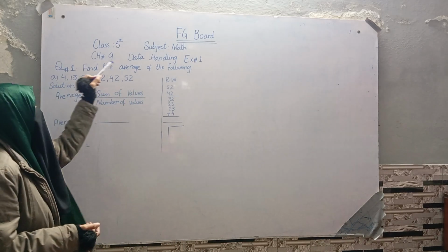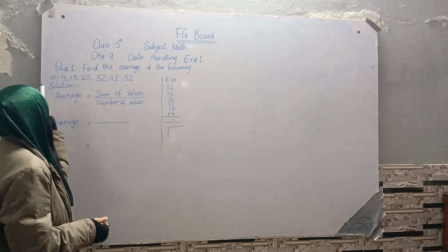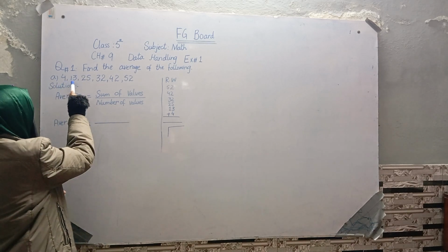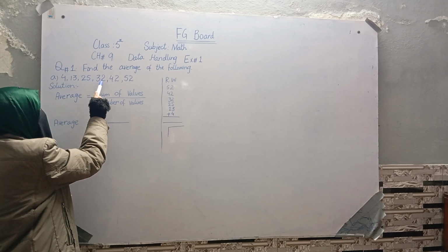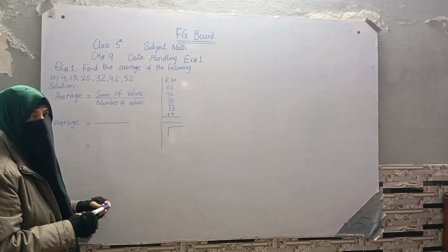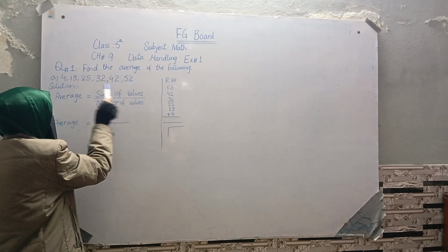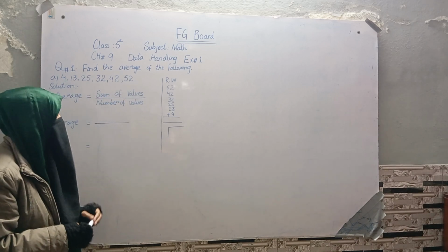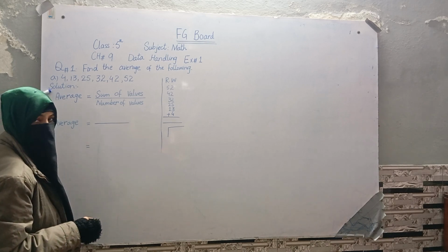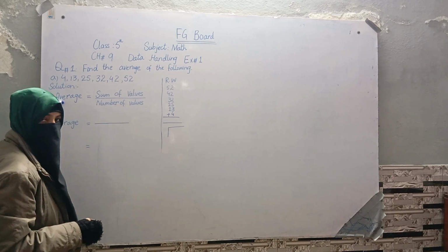Question 1, find the average of the following. Part A, question 1: 4, 13, 25, 32, 42, 52. Students just take the values as they are and divide it. No, it is the wrong concept. You have to write first of all the solution, then put the formula.